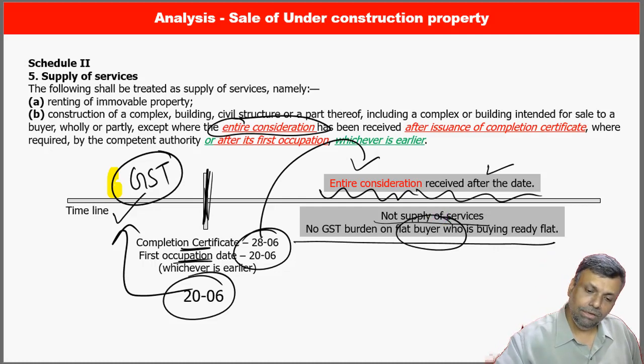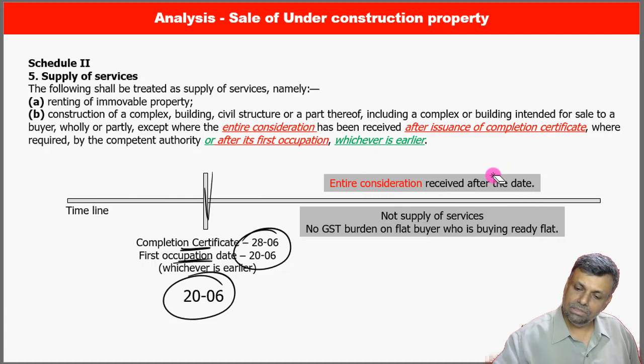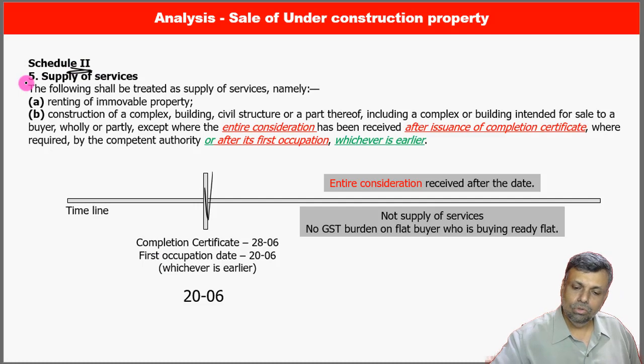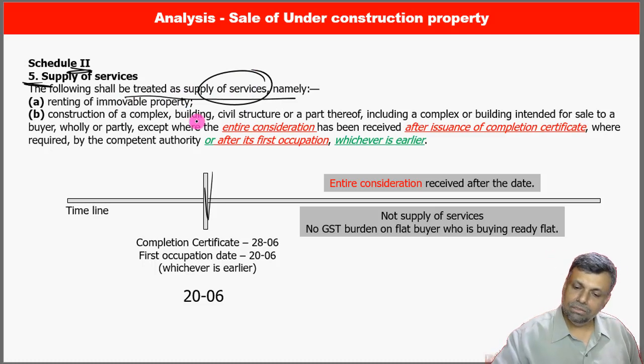Now, put it differently. Understand this part of the provisions a little bit technically, very properly. Schedule 2, sub-clause 5: these shall be regarded as a supply of services. The following transactions will be regarded as supply of services: any construction of a complex, building, civil structure or a part thereof, including a complex or building intended for sale to a buyer, wholly or partly.